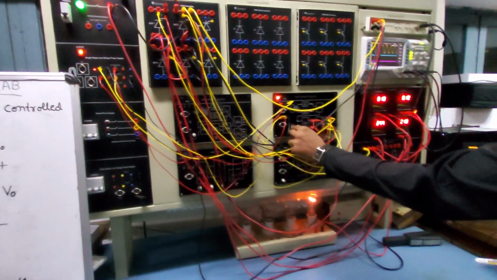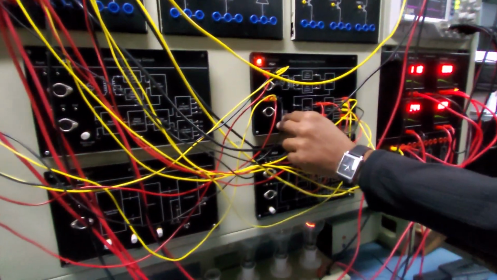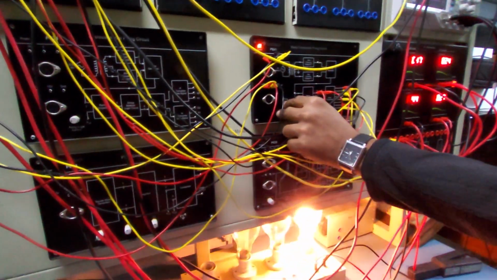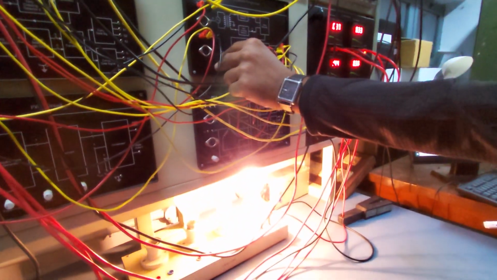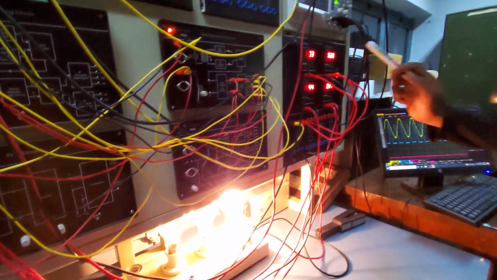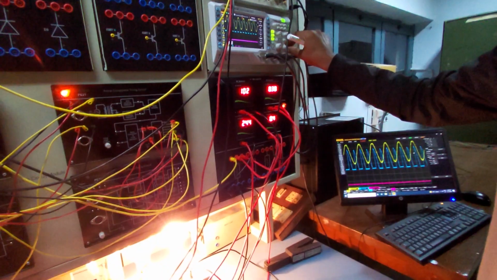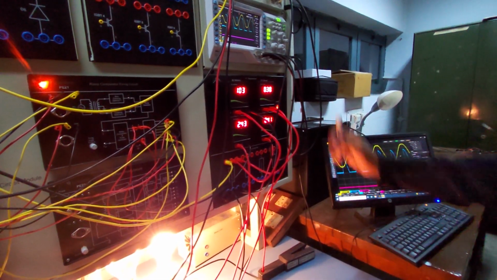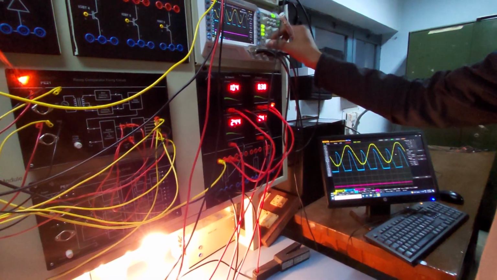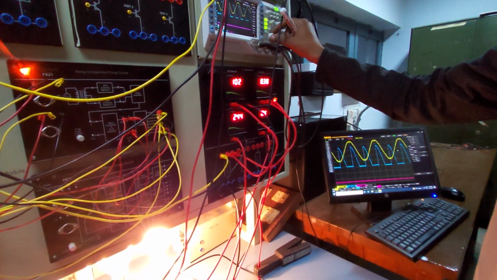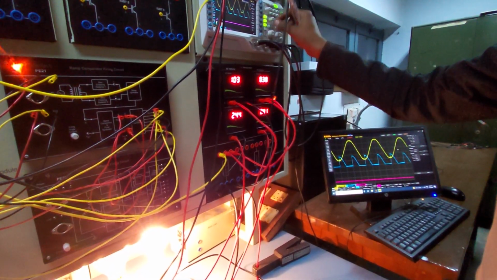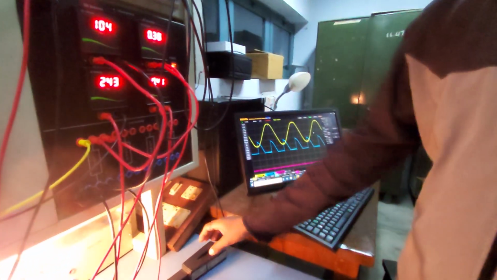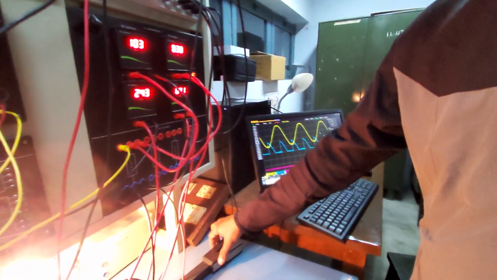Now I just increase my firing for an R load. Now approximately we trigger the firing at about 90 degrees. So as I trigger a 90 degree firing, I get a waveform like that. I turn on my current probe to measure the current.